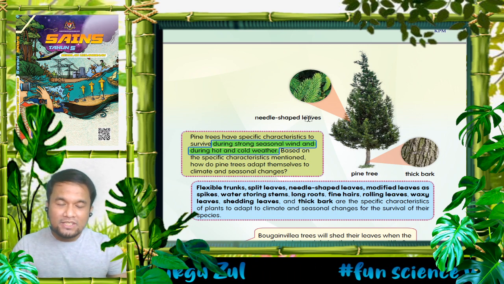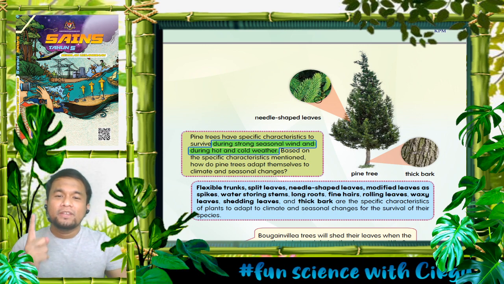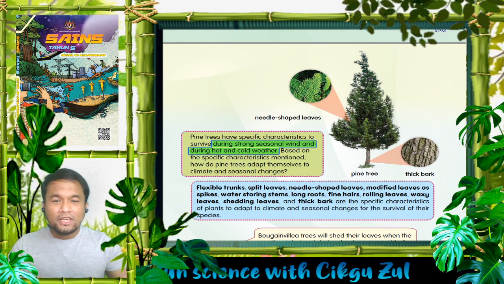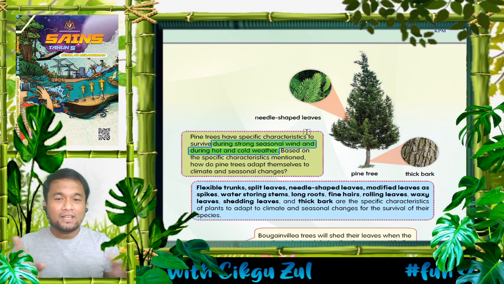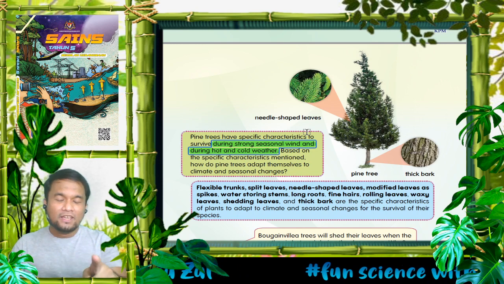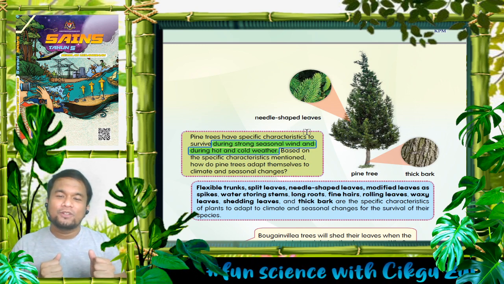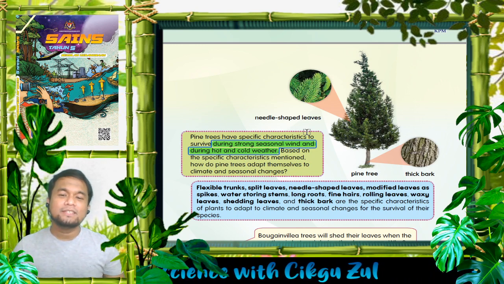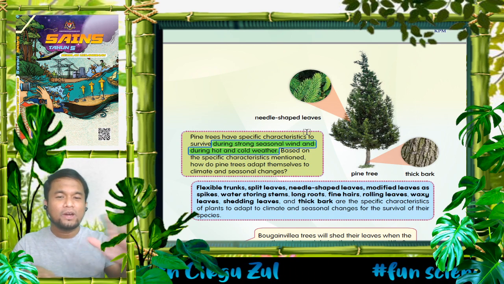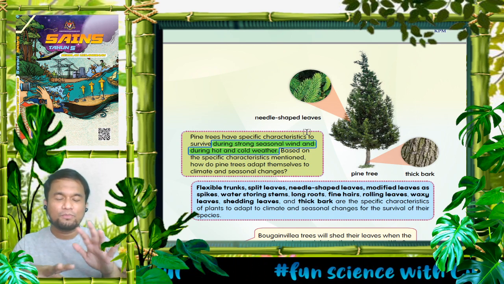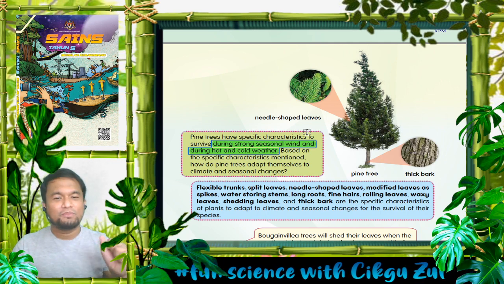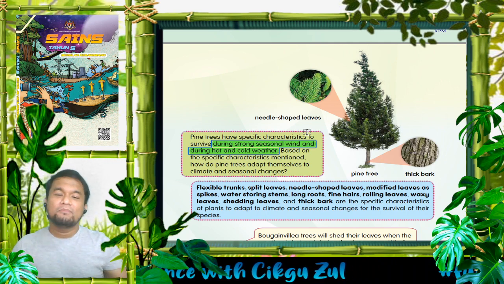Dan pada masa yang sama, at the same time, the water loss is reduced because the size of the leaves is so small. Jadi walaupun musim tu sudah panas, dia daun tu tidak akan mengeluarkan air, tidak membebas, ataupun air tu tidak hilang daripada dia punya pokok tu dengan banyak.